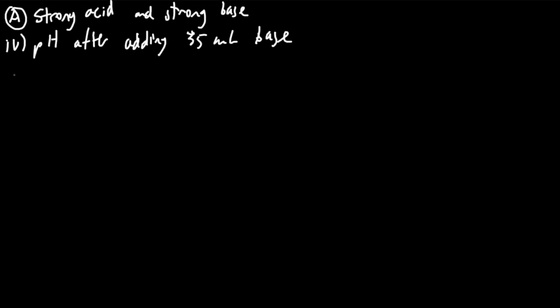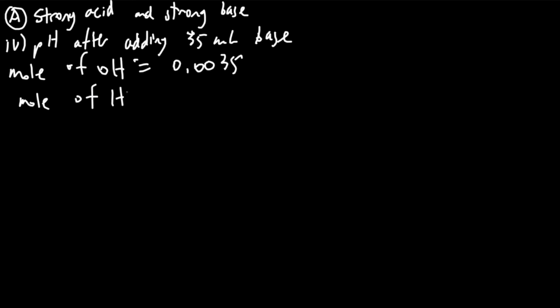Next, we're solving for pH after adding 35 milliliters of base. So first, let's calculate how many moles of OH minus we have. So this would be 0.0035 moles. And how many moles of H plus we have, and this would be 0.0025.